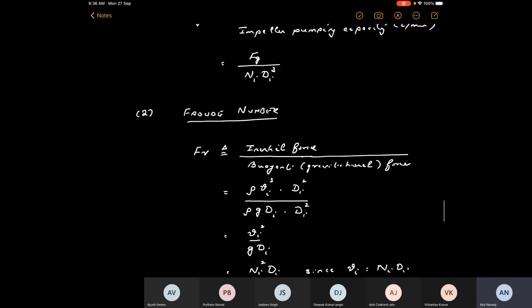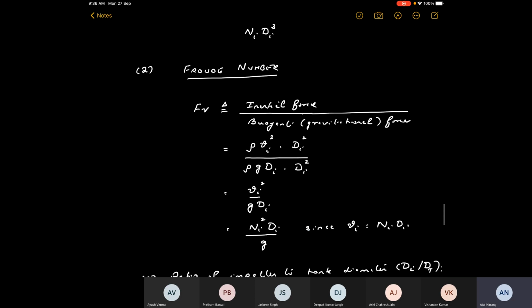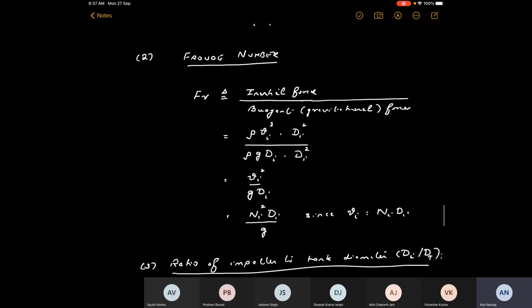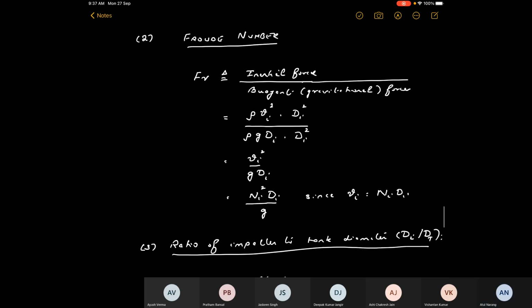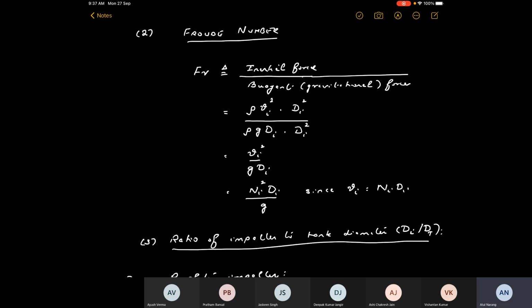The other number we need is the Froude number, which appears in your transport phenomena course, in the fluid mechanics section, section 1. It is the ratio of the inertial force to the buoyant or gravitational force, and that is essentially given by rho v_i squared, which is the magnitude of the inertial stress, and rho g D_i, which is the magnitude of the pressure due to gravitation.